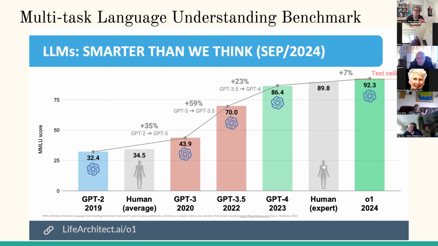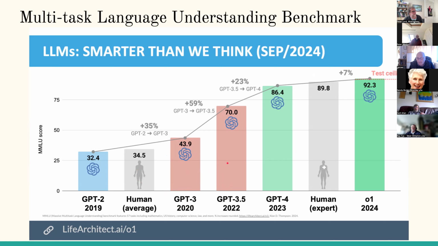So 50% of the population are below 100, 50% above 100. People that we would meet in office life are going to be above the average, typically, obviously. GPT-3, 2020, actually gets higher than the average human person.